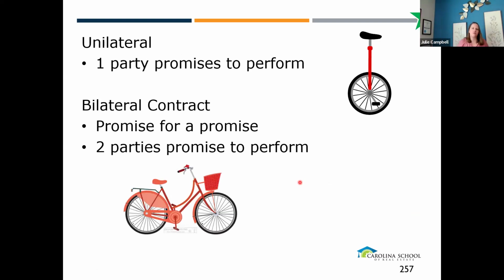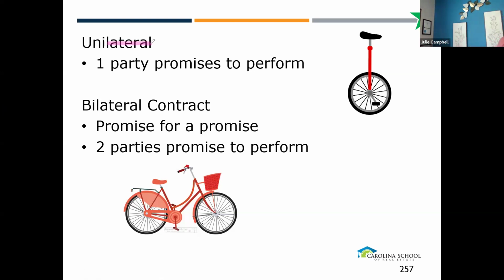Contracts can be unilateral or bilateral. In contract speak, lateral means side. So with a unilateral contract, how many parties have to perform? One side. In a bilateral contract, how many parties? Two. Most of what we do is a bilateral contract.